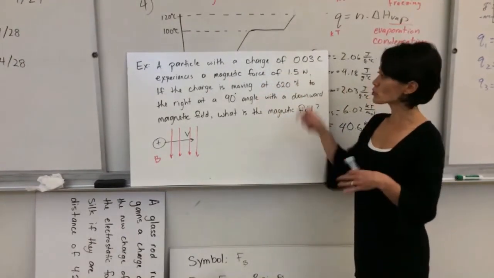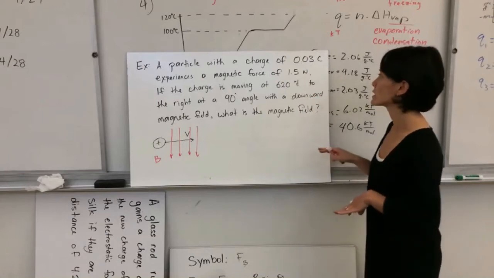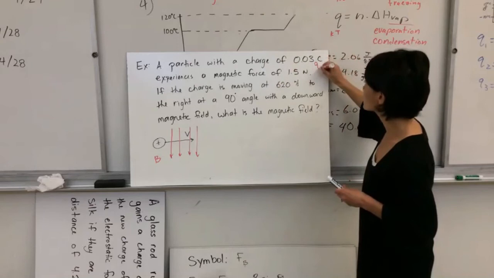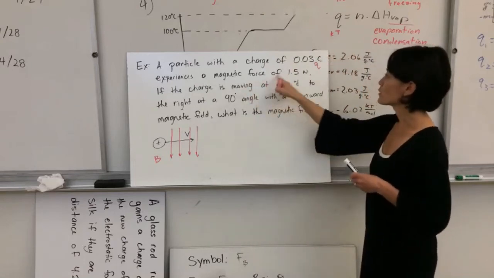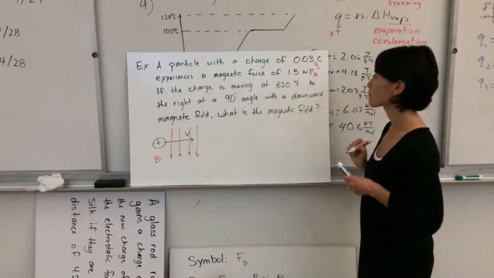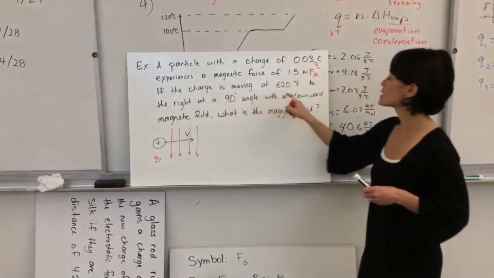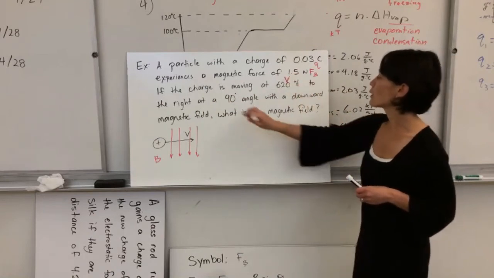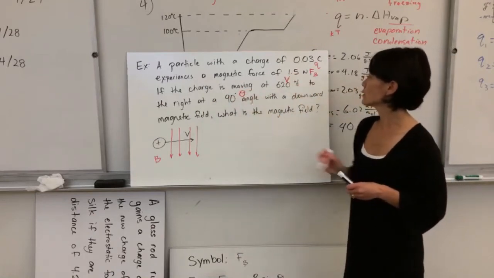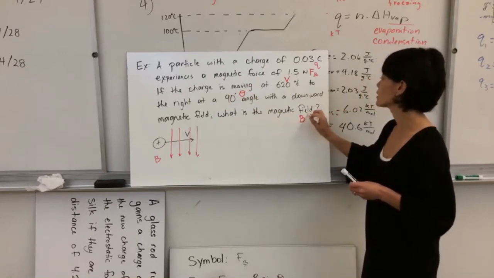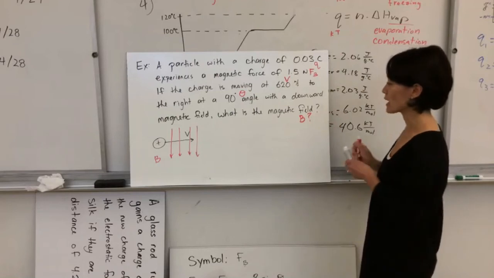Let's go back to the problem and identify our quantities again. It has a charge of 0.03, so that's the Q. It experiences a magnetic force of 1.5, so that's the FB. The charge is moving at 620 meters per second, that's my velocity, at a right angle, so that is theta. And we're looking for B, the magnetic field.